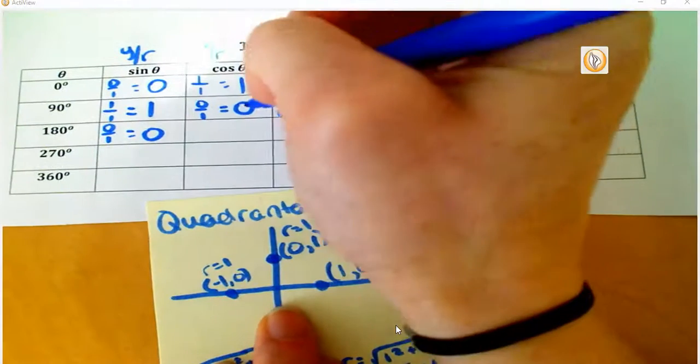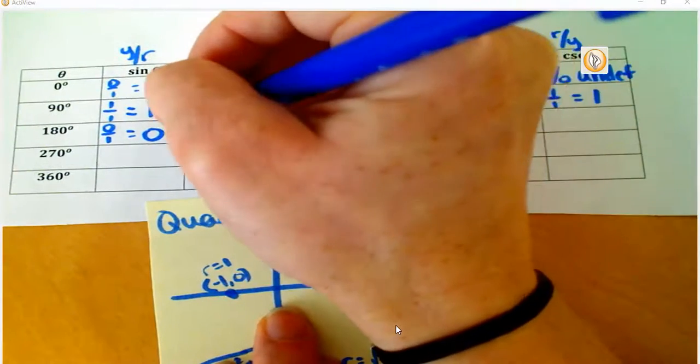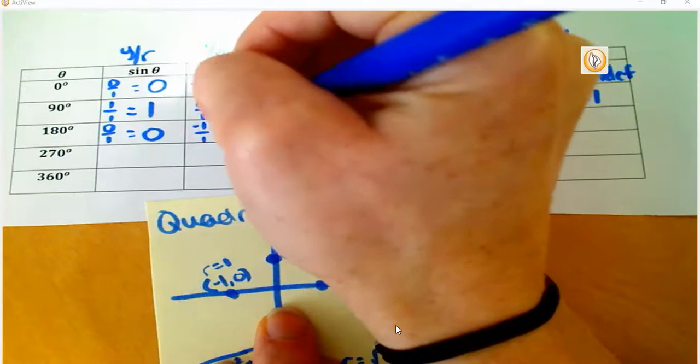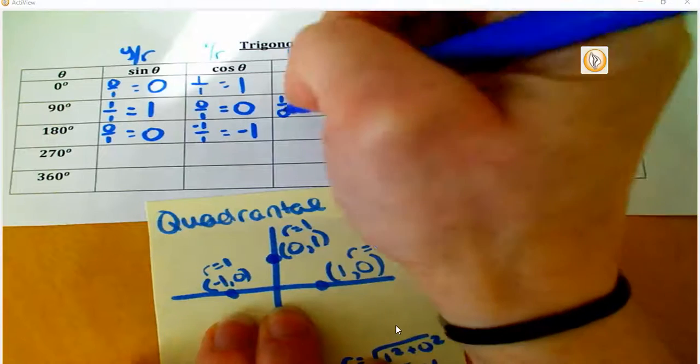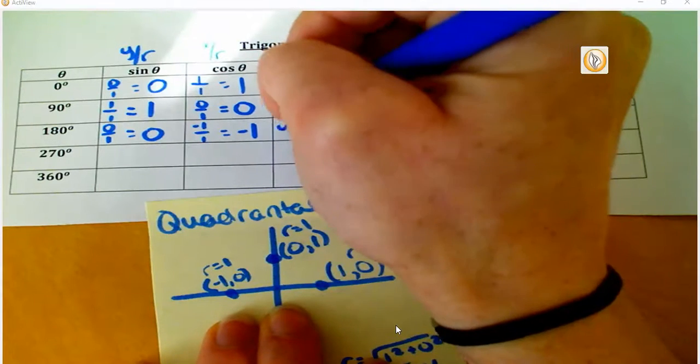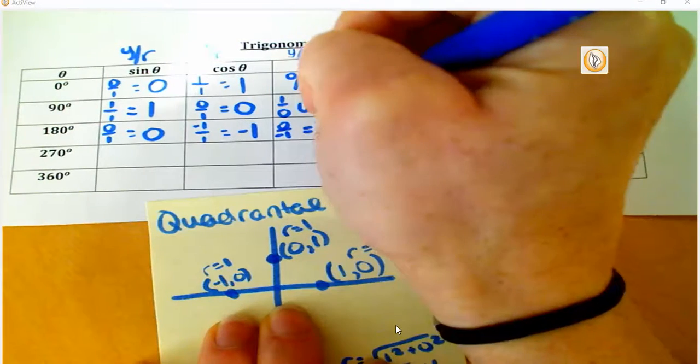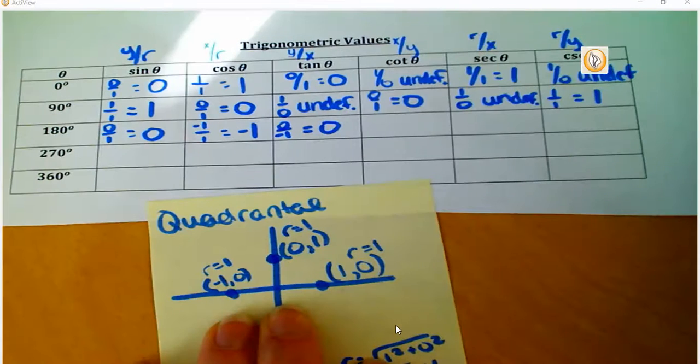Cosine of 180 degrees, x divided by r, so negative 1 over 1 is negative 1. Tangent of 180 degrees, so y divided by x, so 0 divided by negative 1 is 0.